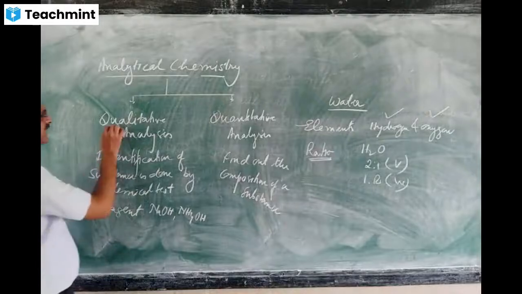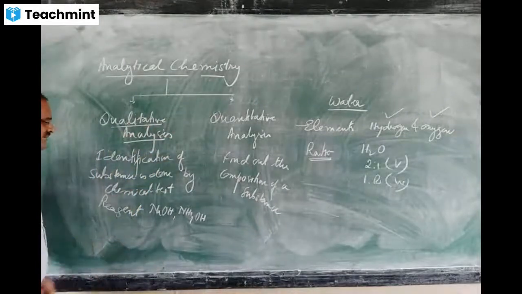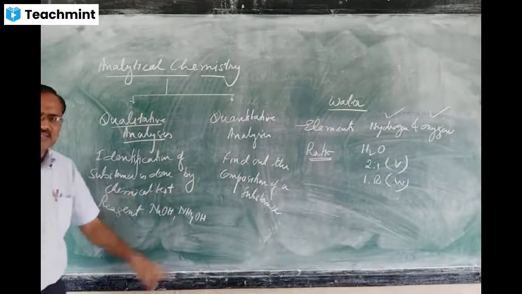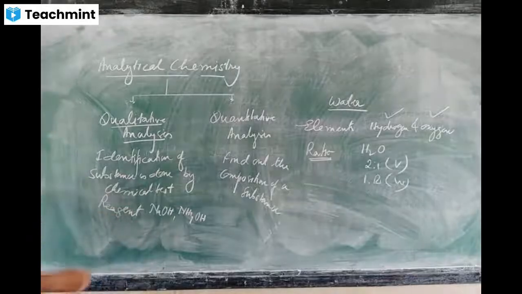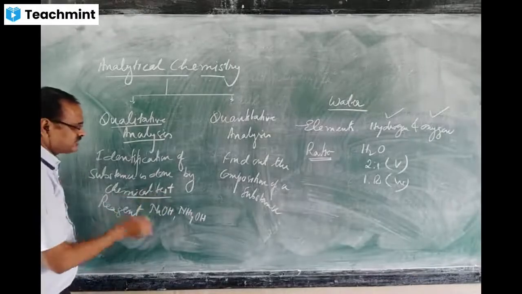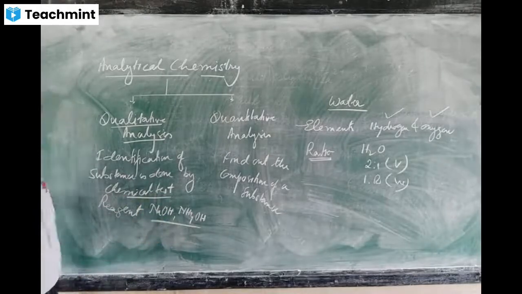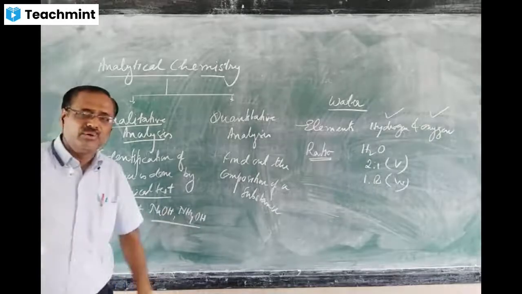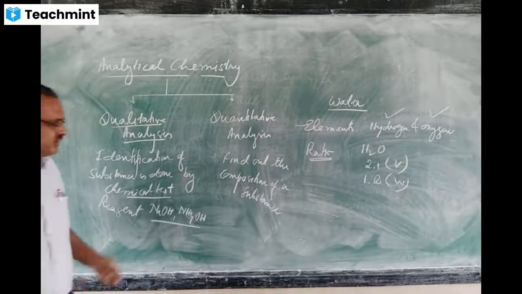In qualitative analysis, identification of substance is done by chemical test, and in the chemical test we use two reagents: sodium hydroxide and ammonium hydroxide. How will they work?